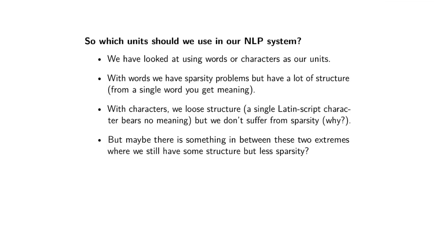But maybe there's something in between these two extremes of words and characters. I've actually already mentioned one of them, which is morphemes. Morphemes are not words. A single morpheme can be a word, but they are basically little subword units that we can maybe use as the input to our NLP system.